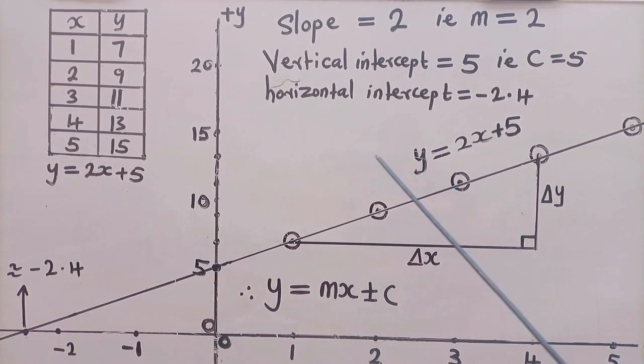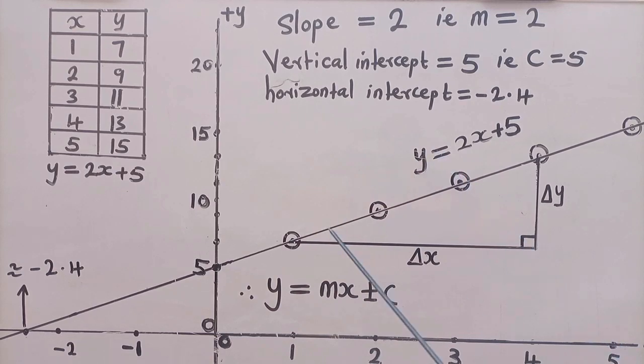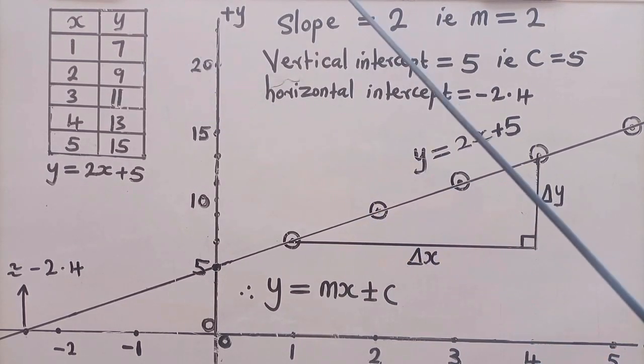See this y, the same y here, equal to, the same equal to. This 2 is the slope only for this table. But for any table at all, we use m. Therefore, we replace this 2 with m, because earlier we said that 2, which is the slope, is equal to m. M is a symbol. 2 is a value for this special case here.